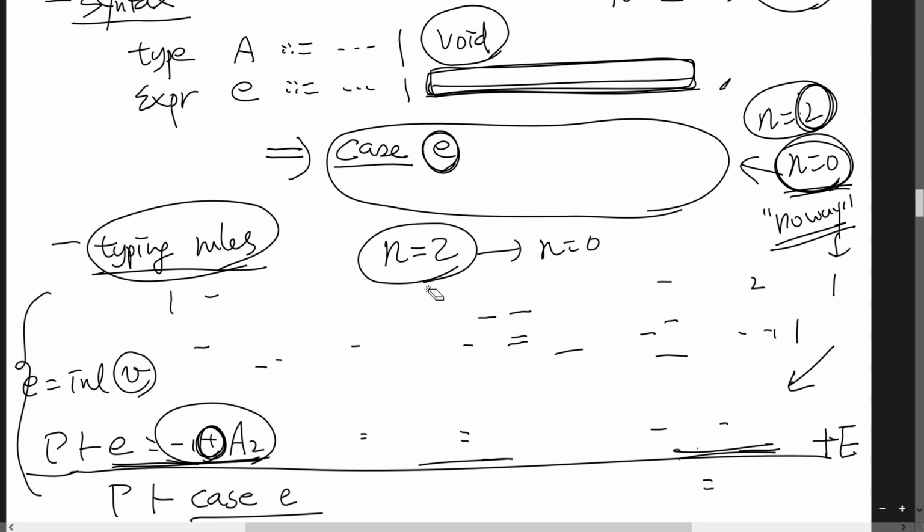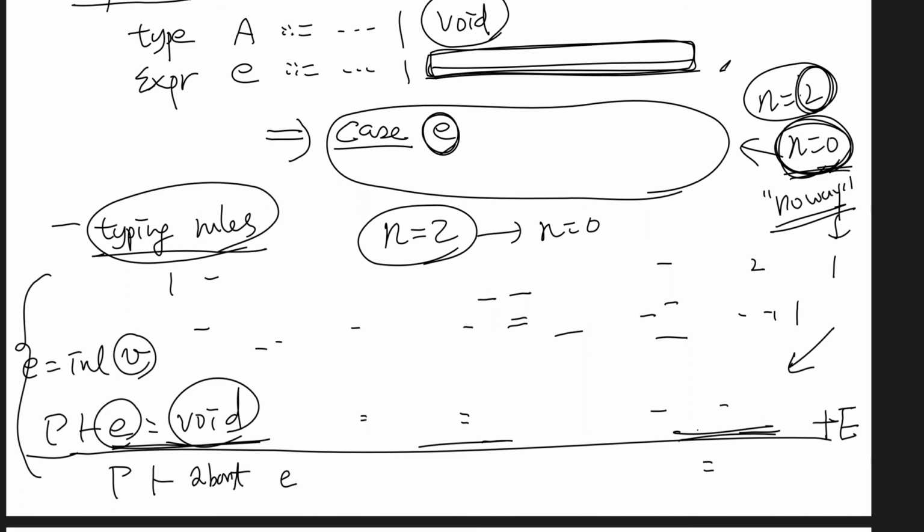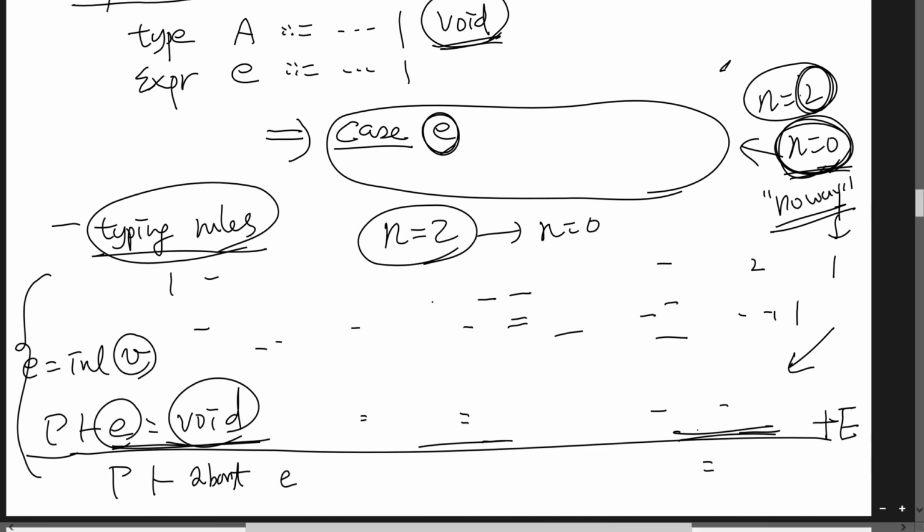So this is now void. And computationally, you should never be able to finish reducing an expression of type void because there's no value. So we replace this case keyword with abort. So in the case of n is set to 0, the sum type gives us an interesting type called void.